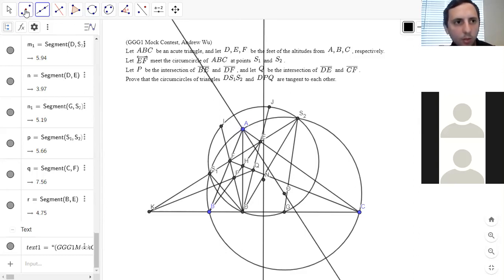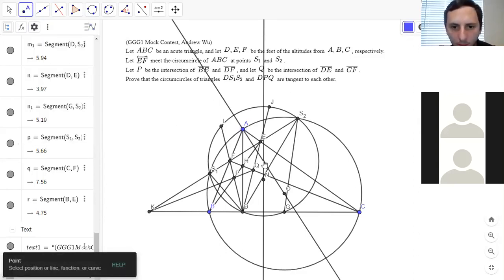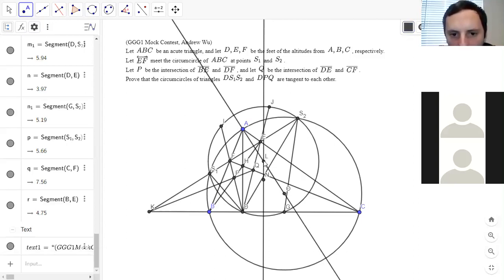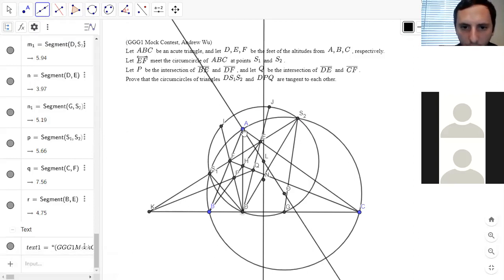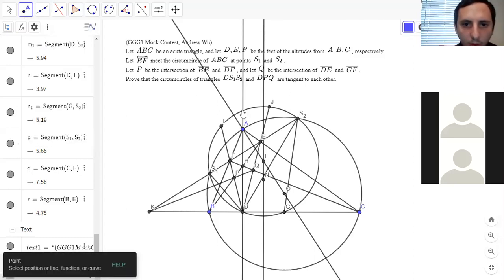Because AO is perpendicular to S1, S2. Yeah, AO is like the perpendicular bisector of it. And if we call DA, cut the circle at another point. DA. Yeah. Okay.